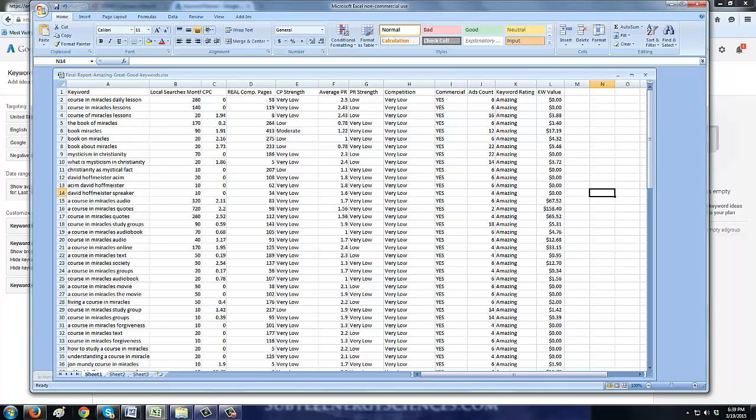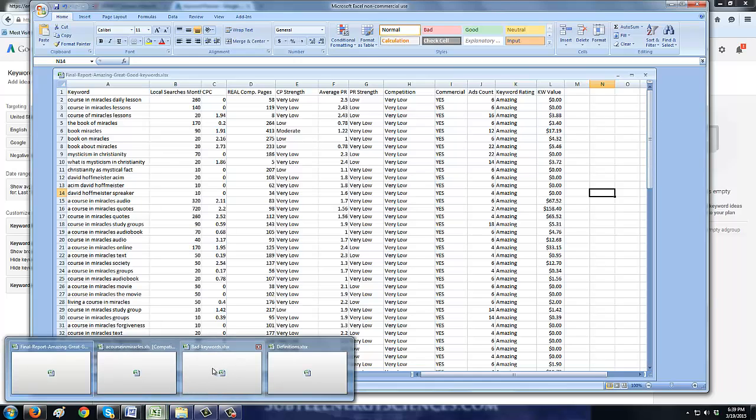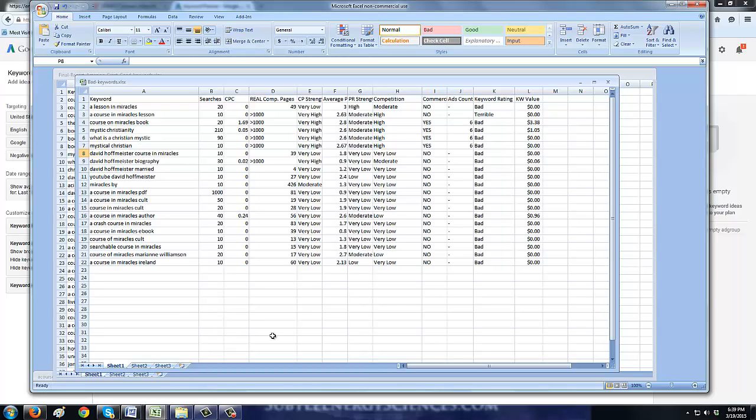So next I want to show you the bad keywords. Some of these keywords that our program spit out, some of the words that we have seen before, may be considered bad keywords because there's so much competition.